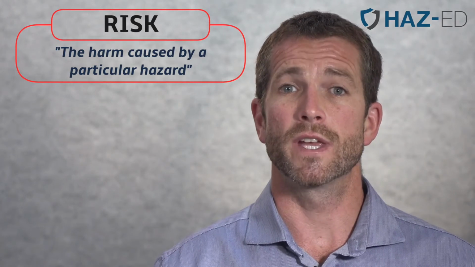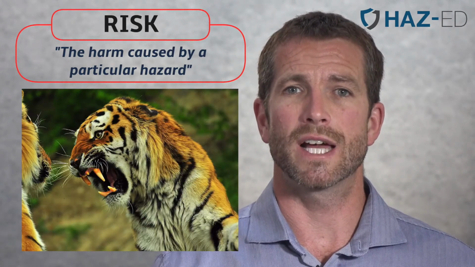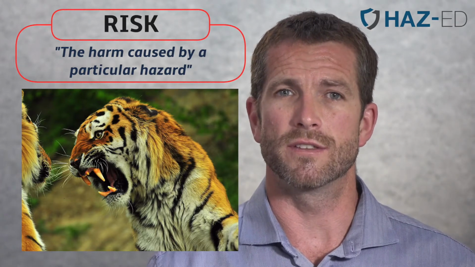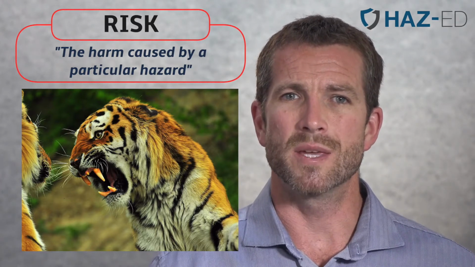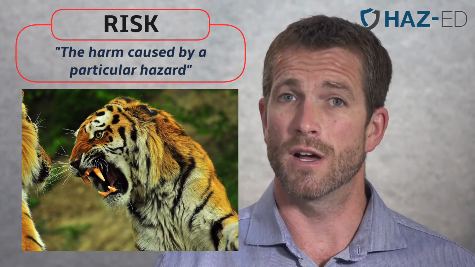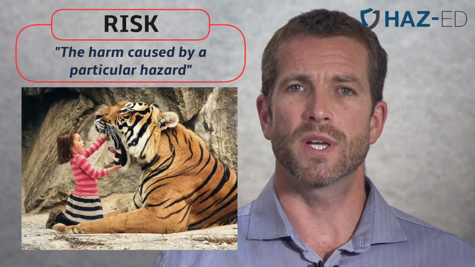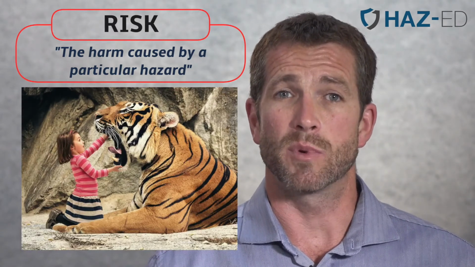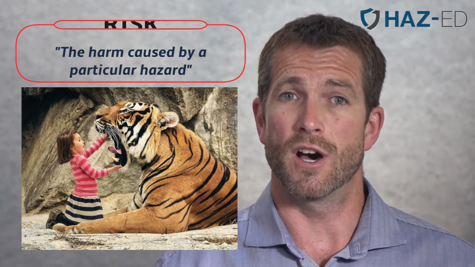For example, in this picture, we're looking at a pure hazard. It's a tiger, showing us its very capable looking teeth. But since there aren't any people in the picture, there really isn't any risk, apart from maybe a risk of harm to the other tiger. In this picture, we're looking at a serious risk issue, where this young girl is placing herself at risk of being eaten alive.